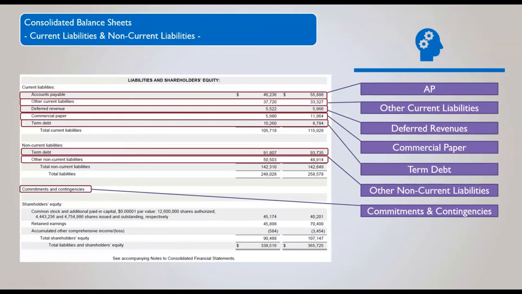For contingencies, this includes potential liabilities that Apple may be exposed to. For example, that could include litigations and lawsuits. We will go through the commitments and contingencies further under Note 10 of the Notes to Financial Statements at a later lecture.